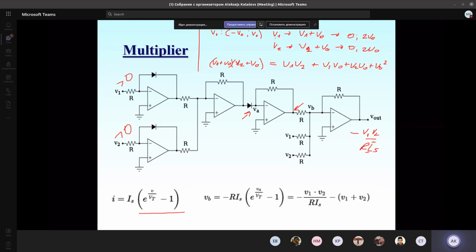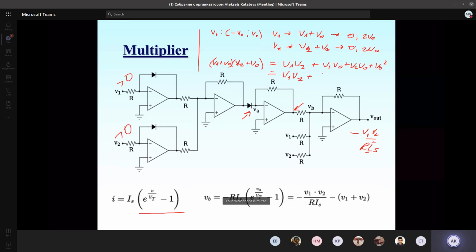As we control V0 on our own, we select this V0, so we know exactly what V0 squared is, and we rewrite it like that: V1 V2 plus V0 times V1 plus V2, plus V0 squared.